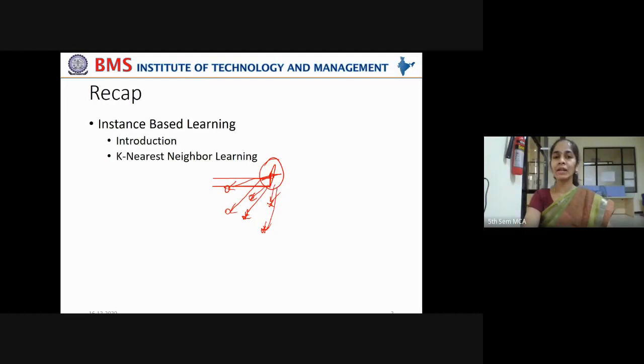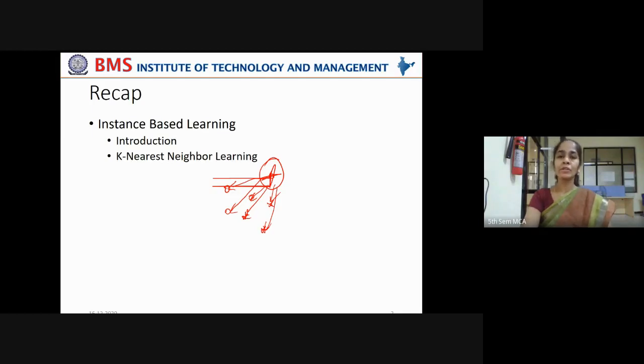If you take 1 nearest neighbor, then it is compared with at most only one neighbor. Based on the distance, it will immediately assign to that particular class. But if it takes 3 neighbors or 4 or 5 neighbors, it will check for more neighbors, and based on the majority vote, it will assign the new instance to the class to which most of the neighbors belong.